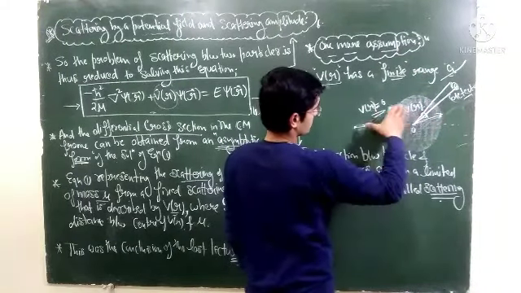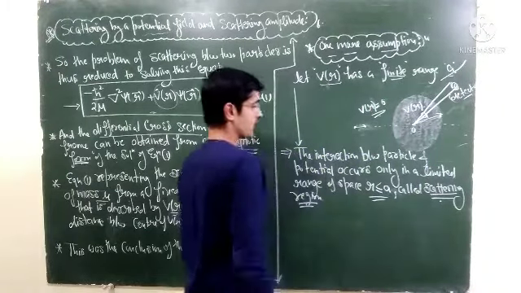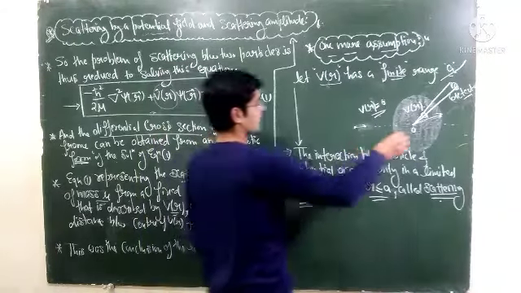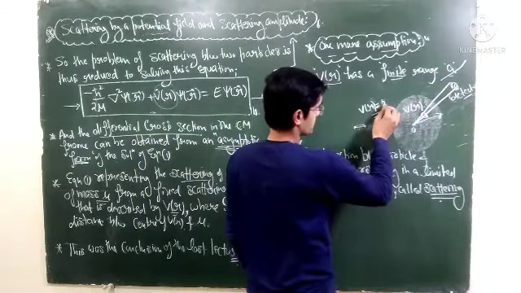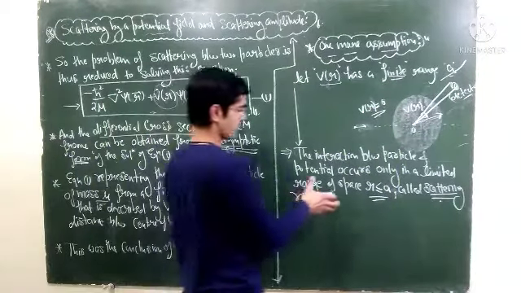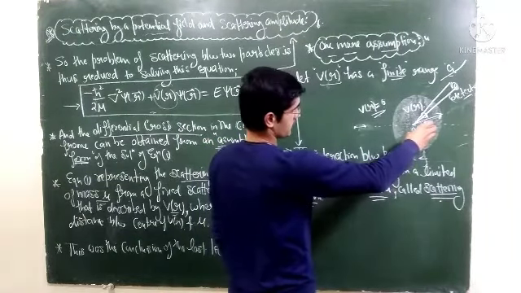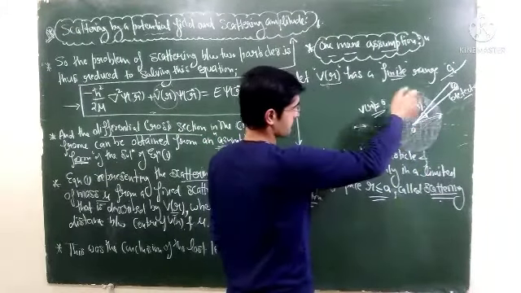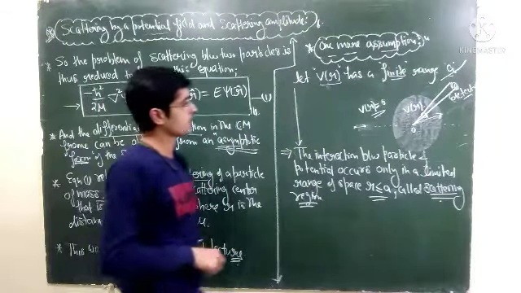The influence of this potential is only in the region where r is smaller than a, and beyond that distance the value of the potential is zero. This type of potential we call a finite range potential, and the potential we are using is also of finite range.